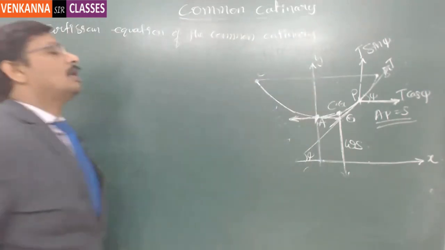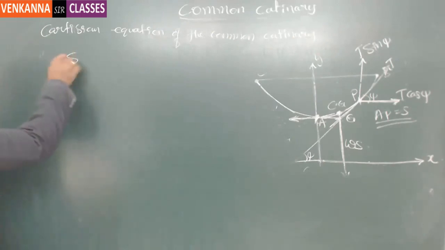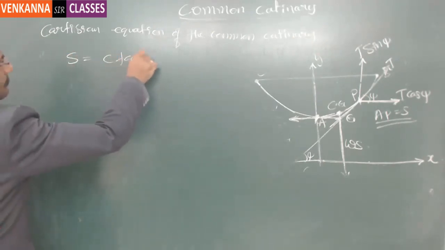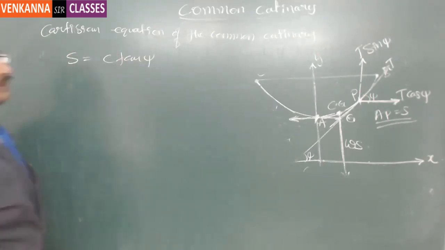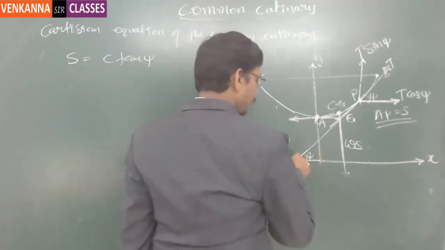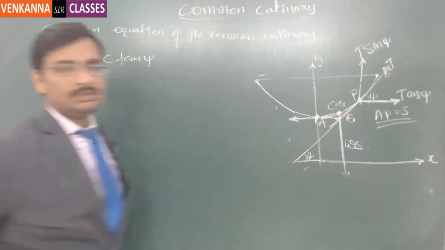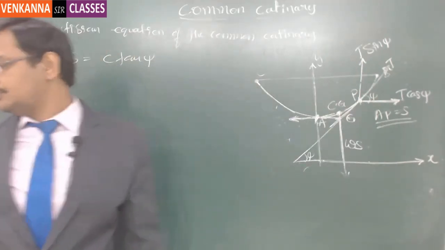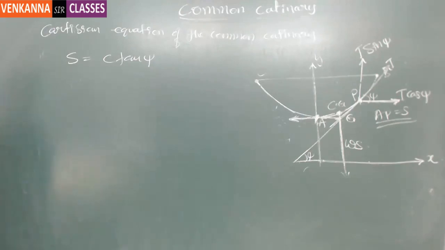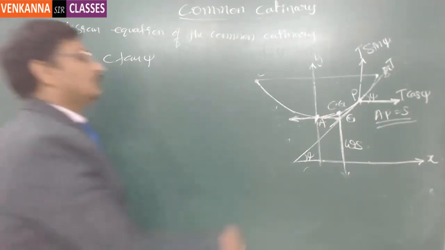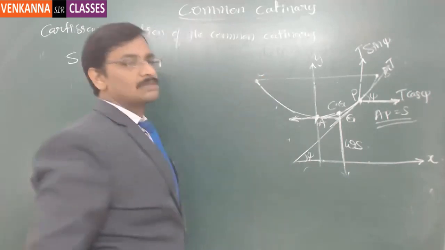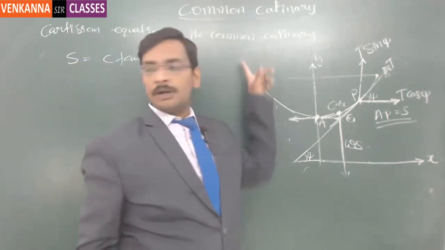Now to consider the Cartesian equation, we have S is equal to C tan psi, where psi is this angle. Now I can call this psi as the derivative at this particular point P, right? This is for our analysis purpose, but a catenary can be top and bottom also.